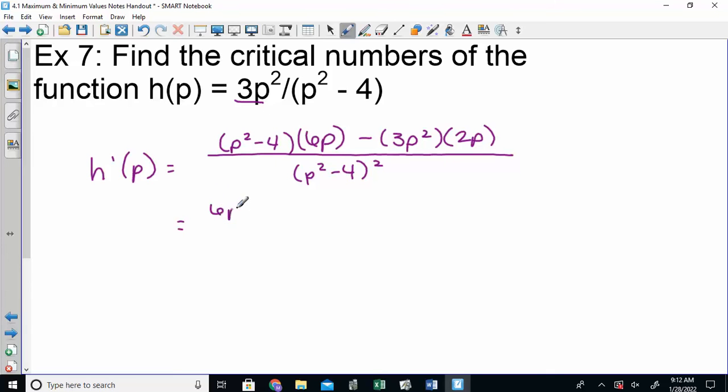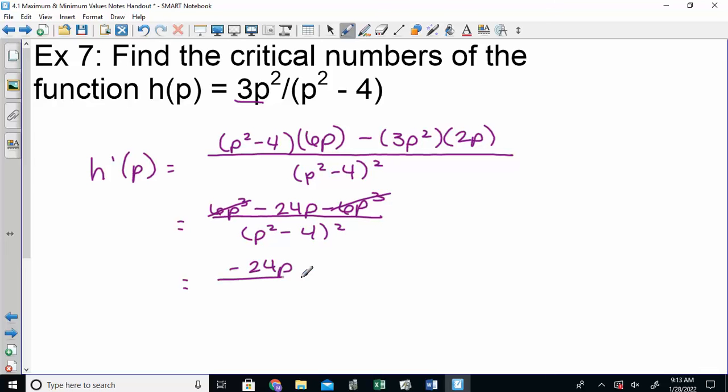So on the top, that gives me 6p to the third minus 24p minus 6p to the third over p squared minus 4 squared. Those cancel, so we get negative 24p over p squared minus 4 squared.